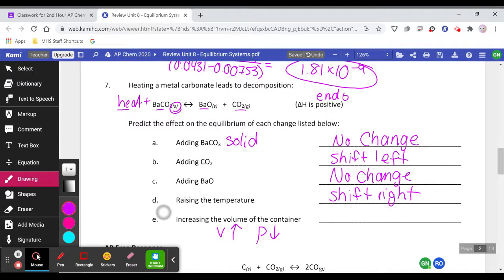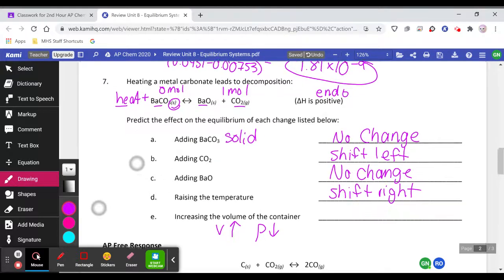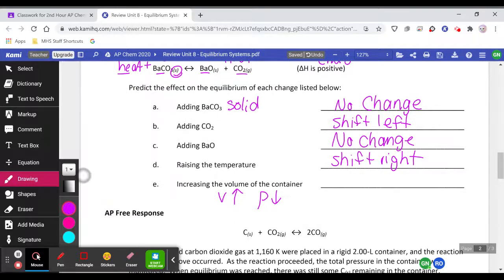How many moles of gas do I have on the left side? 0, right? We don't have any gas on this side. How many do I have on the right? 1. So if my pressure decreases, I'm going to move to the side with the most moles of gas. And so we're going to shift right. Good. Okay, so that's Le Chatelier.